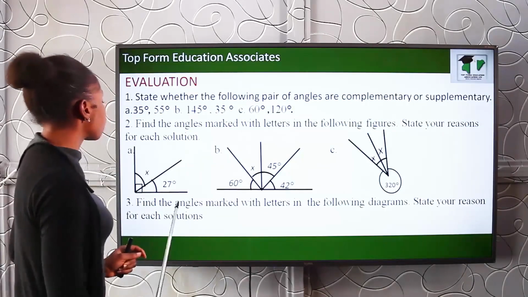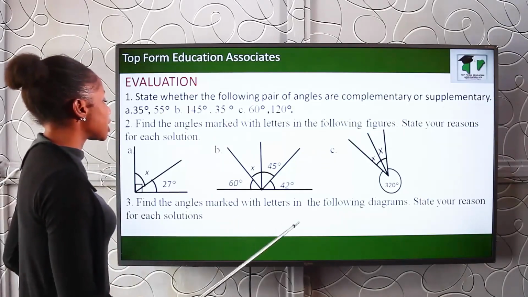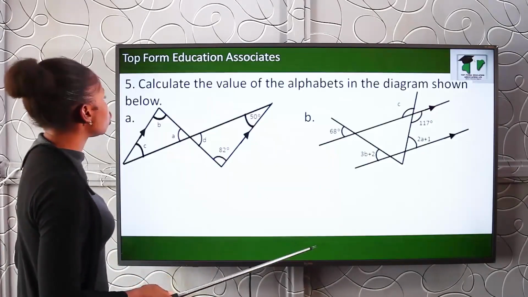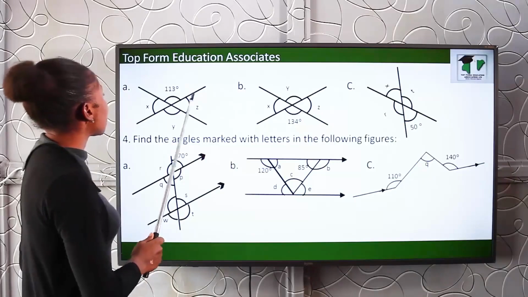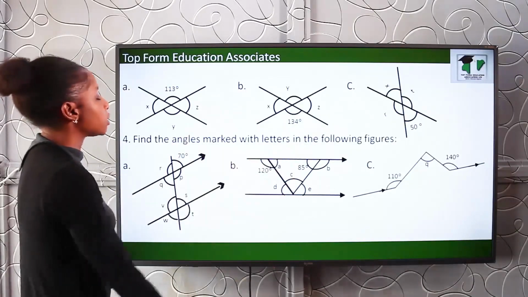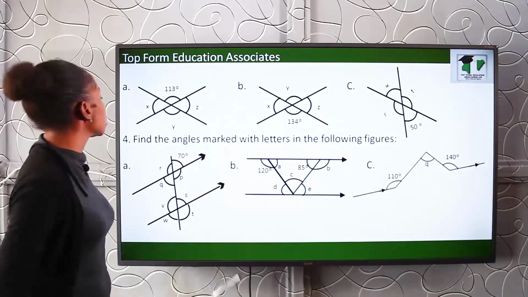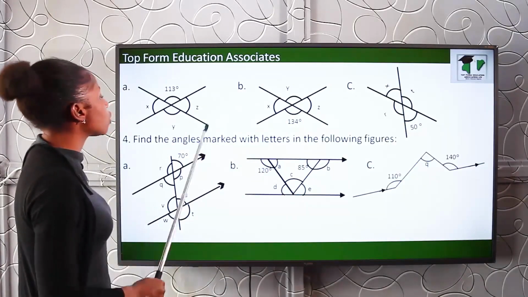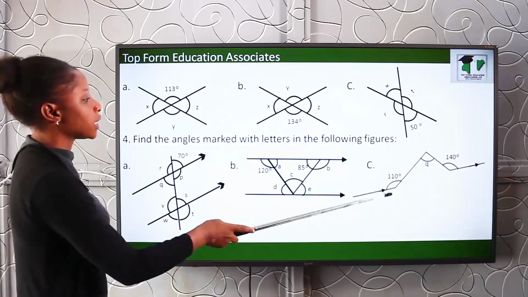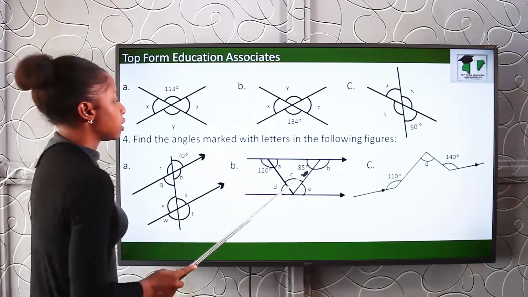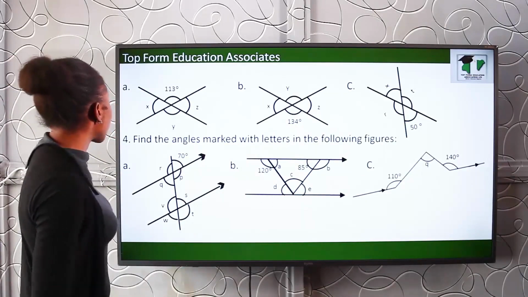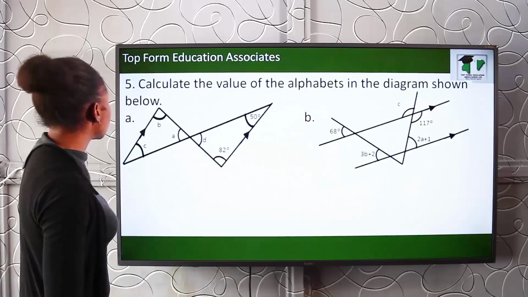Number 3, you have to find the angles marked with letters in the following diagrams and state your reason also for the solution. Here, X, Y, Z, X, R, T. You have to find them and state your reason. Number 4 says find the angles marked with letters in these figures, and state your solution.